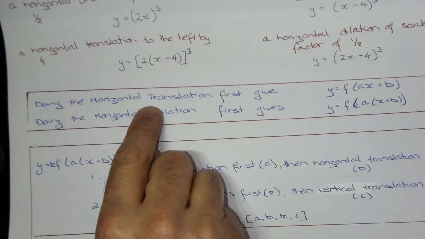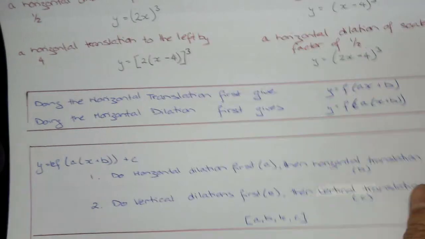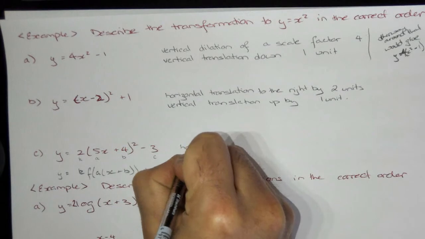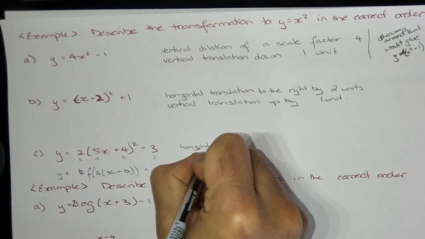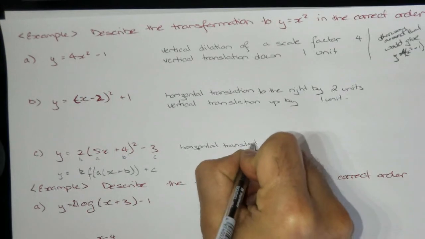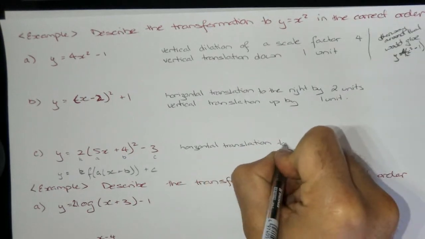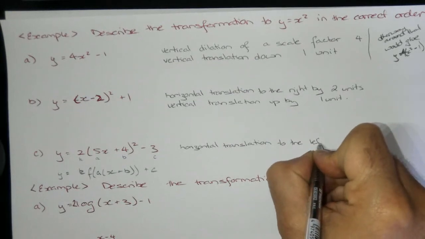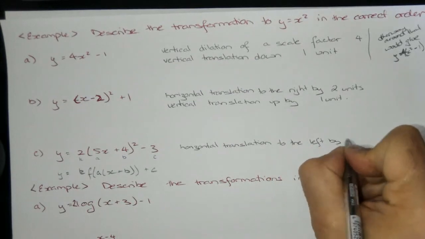So we're going to do a horizontal translation first. So we've got a horizontal translation to the left by 4 units.